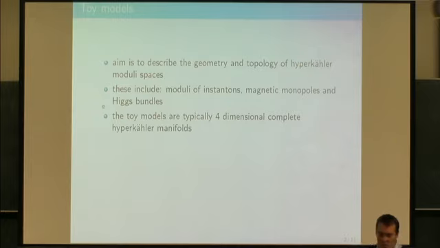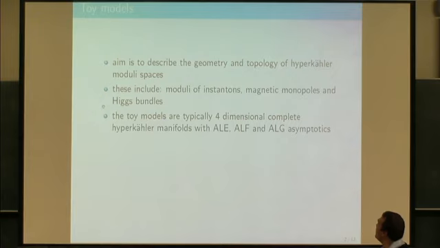If I want to study the topology of a moduli problem, then well, you have to really understand the moduli problem. But if you can describe your space by other means, then you have other ways to understand its topology. So the 4-dimensional, the smallest dimensional examples are really useful.